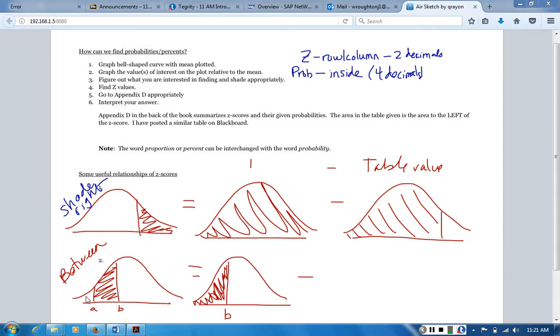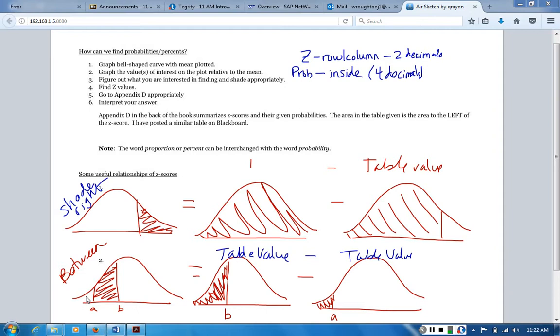Hence why we're going to subtract something off. Now what do I want to subtract? Well, I want to subtract off everything that's to the left of A. So really what that means I'm going to do here is I'm going to find my table value for B and subtract off my table value for A.